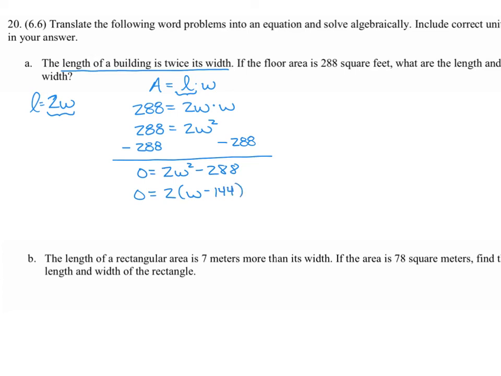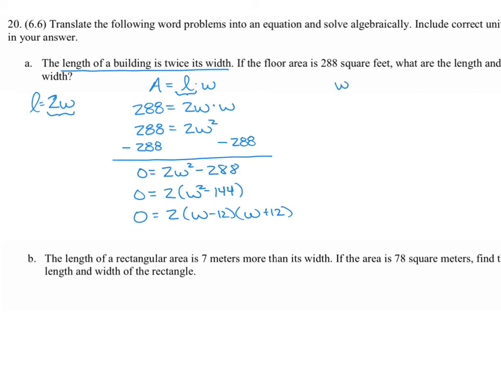If we factor out a 2, we get W squared minus 144. This is a difference of squares. So W squared is W and W. 144 is 12 and 12. And my signs are opposites.